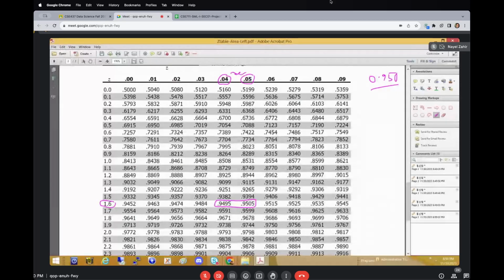Okay, number for that. And we can see here is the difference. First, the difference between this 0.95 and 0.94.